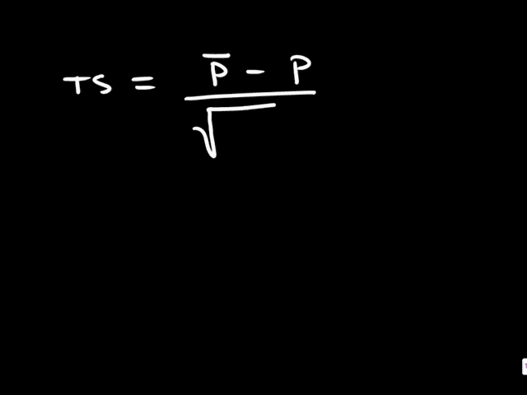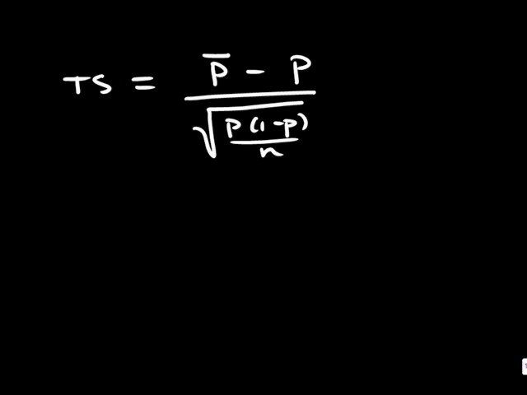Using our test statistic formula here, we're going to compute by taking the sample proportion, subtracting the true proportion, divided by the square root of the true proportion times its complement over the sample size.